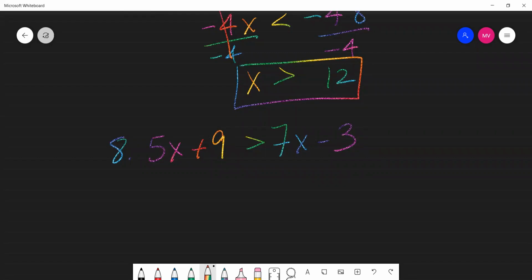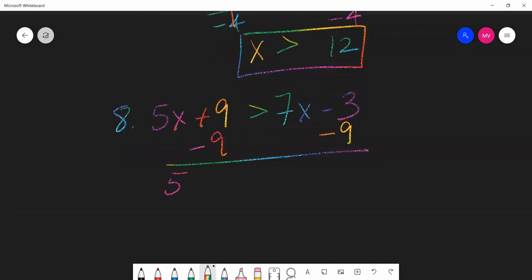Which one do you want on the left and which one do you want on the right? We can subtract 9 from -3. And we're left with 5x is greater than 7x minus 12. Okay. Now what do we need to move?